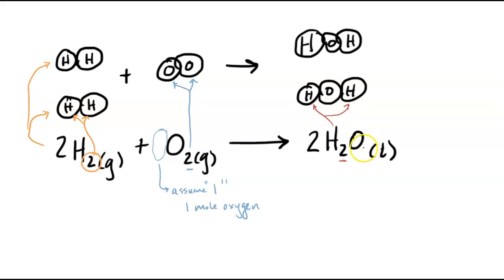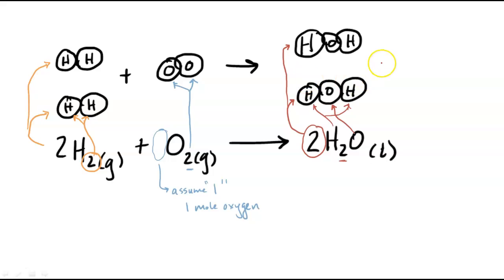And then remember, if I don't have a number here, we assume just the number 1, hence why I only have 1 oxygen. Now this coefficient, remember, tells us how many sets or how many groups of this chemical I need. So it tells me I need to have 2 groups, and that's why I wrote those 2. So that's the general gist of what we're going to be working through.